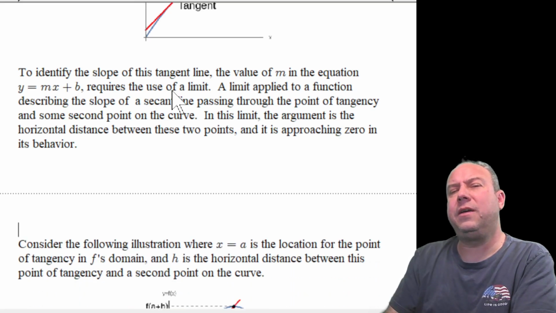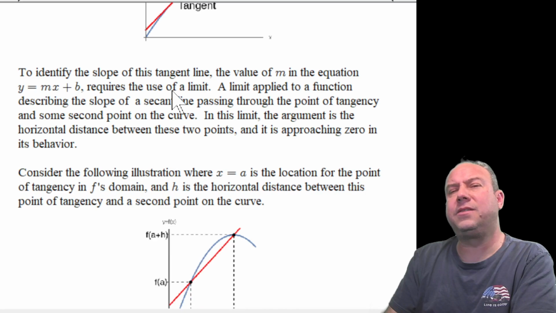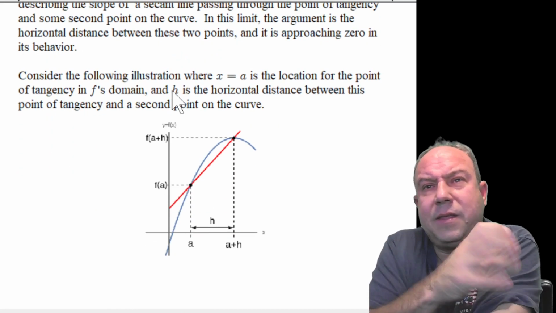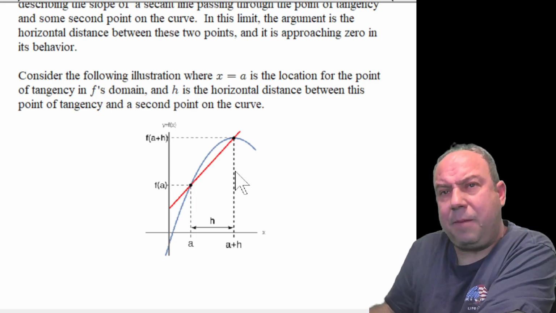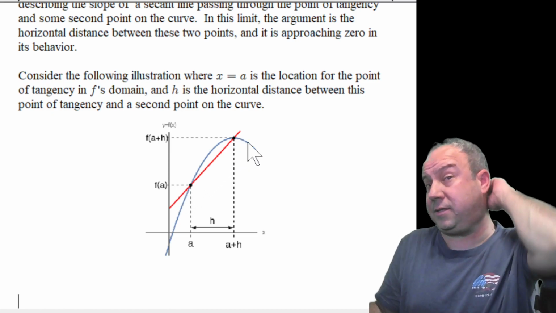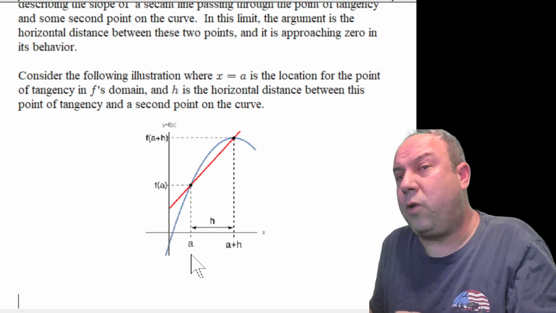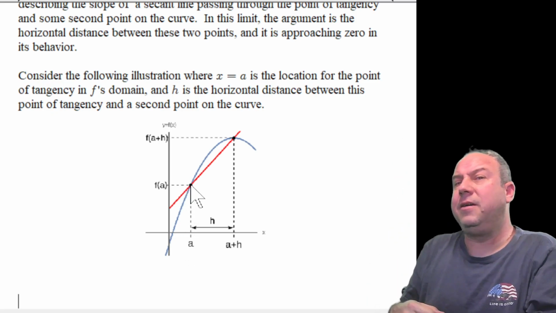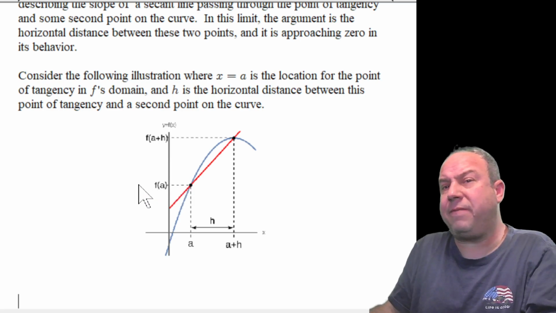If we consider the following illustration, this is how we're going to set ourselves up. We're going to consider what is the slope of the secant line passing through the curve at these 2 points. We're going to define one of the points at tangency being at x equal to a, and it's going to have its output at f of a.